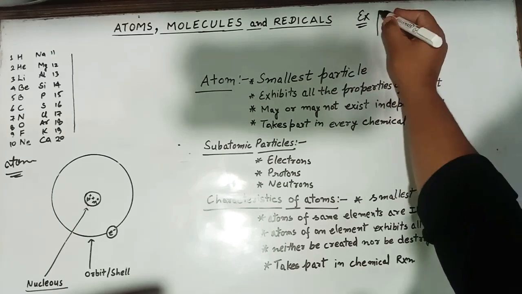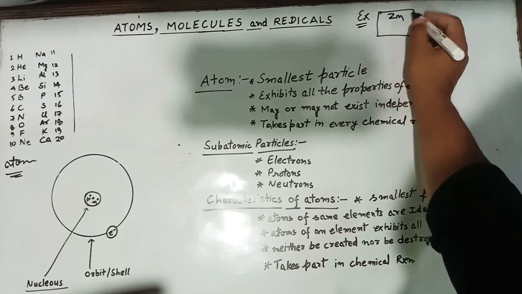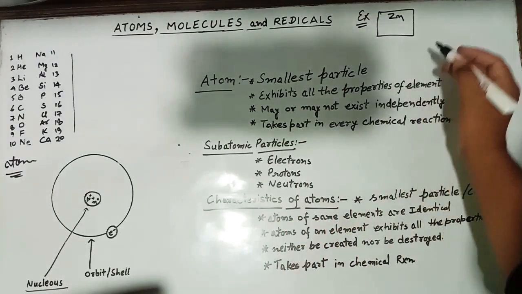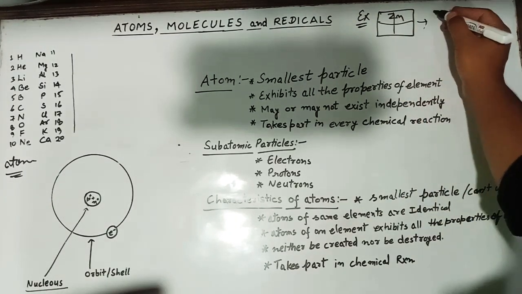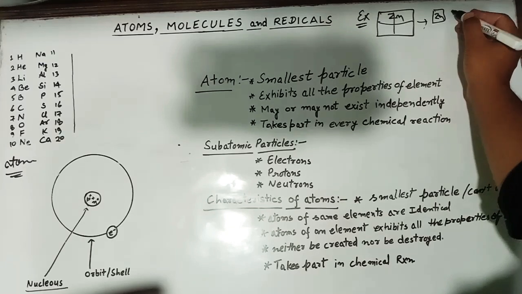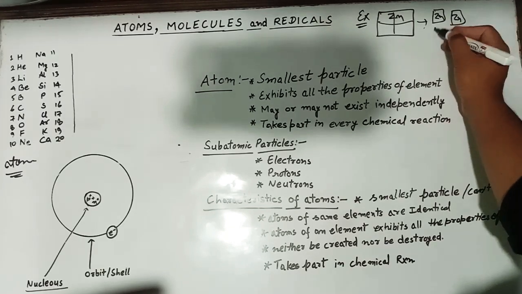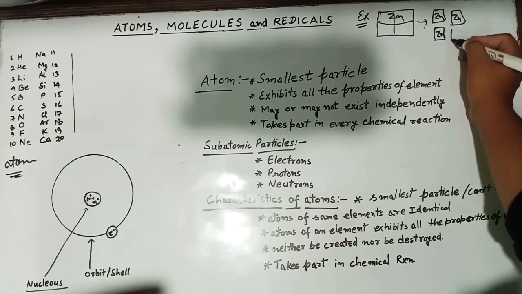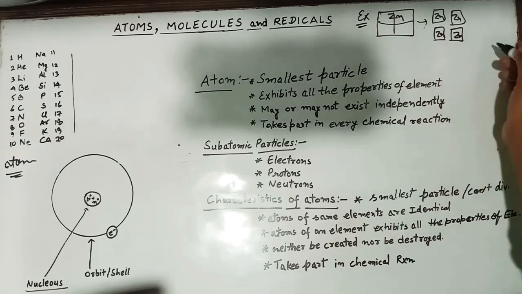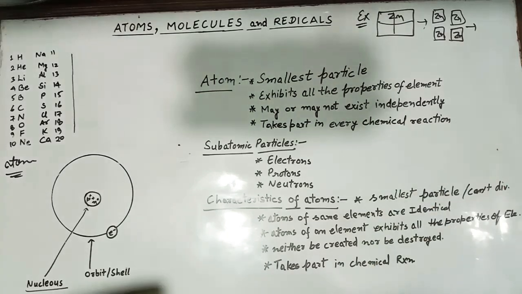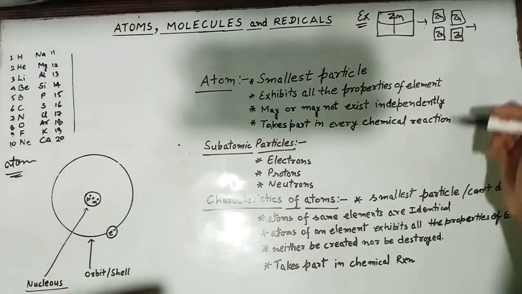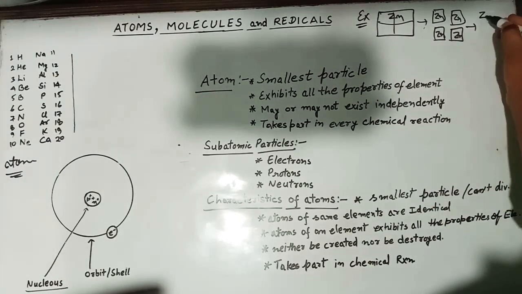Suppose here is a piece of zinc. This is the piece of zinc. If we further make small pieces of this zinc, it will look like this. These small particles are the zinc particles. If we further divide these particles, that will be zinc atoms.